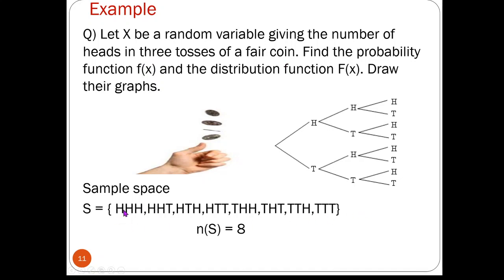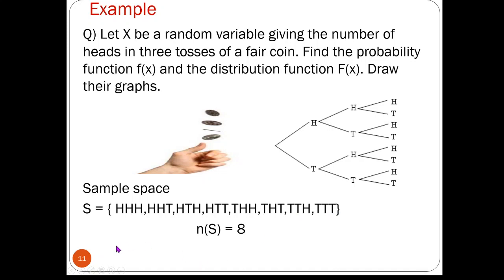Now to every sample point we have to assign a value of the random variable, which counts the number of heads. The first sample point contains 3 heads, the second contains 2 heads, the third also contains 2 heads, the next contains 1 head, the next 2 heads, then 1 head, 1 head, and there is no head.